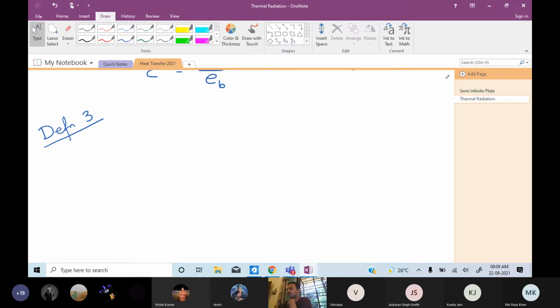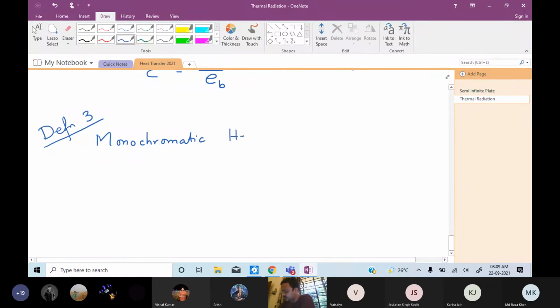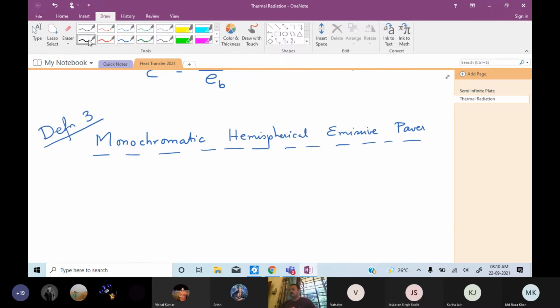So the next term that we are going to define is called monochromatic hemispherical emissive power, instead of total. We write it as E sub lambda.